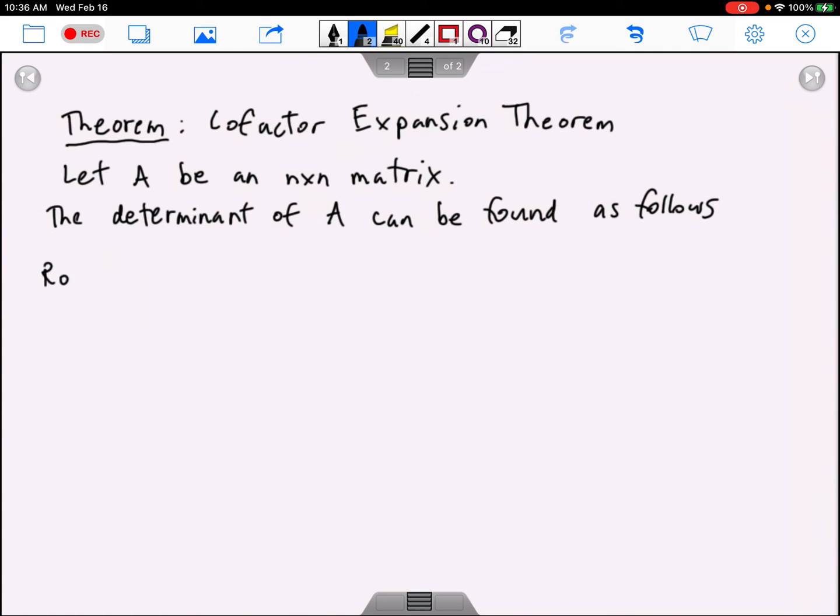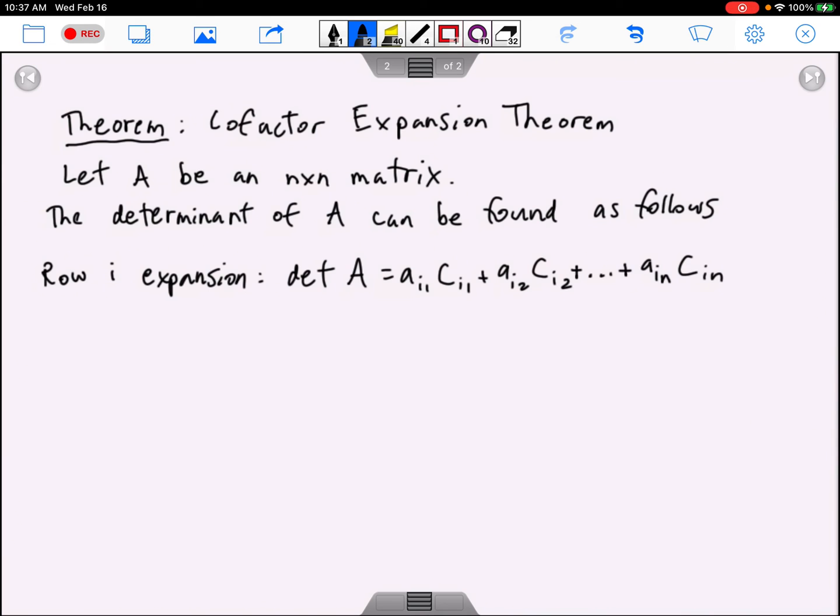So you can use row i expansion. So the determinant of A is going to equal, you look along row i and you go from left to right, Ai1 Ci1 plus Ai2 Ci2 plus all the way to Ain Cin.